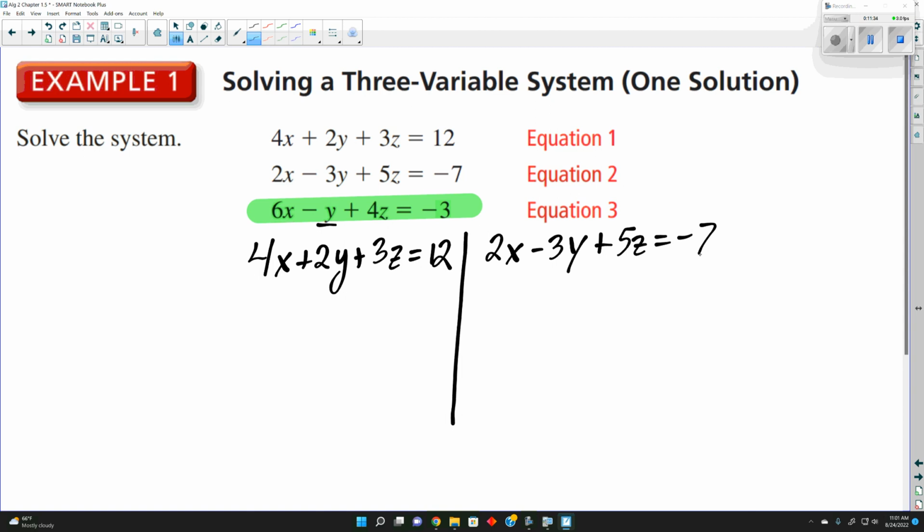Because those are the two we're going to eliminate the variable out of. We're using the other one to eliminate it with. Any questions on this here so far?